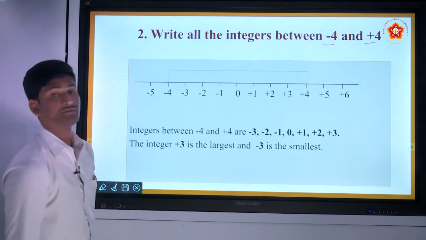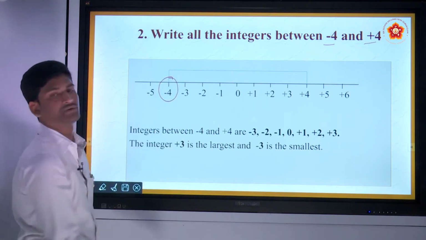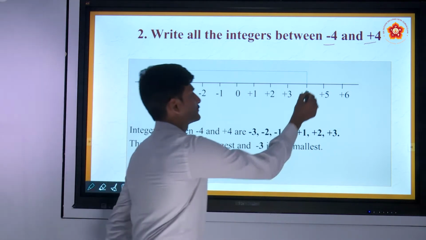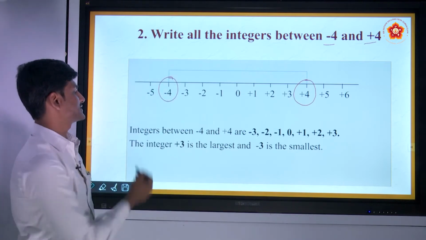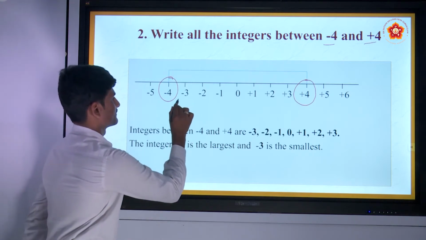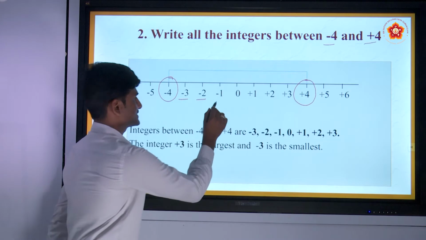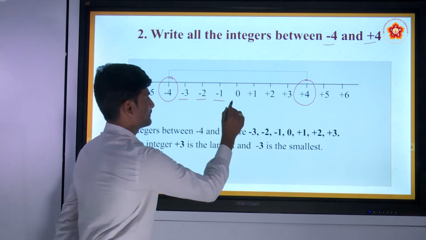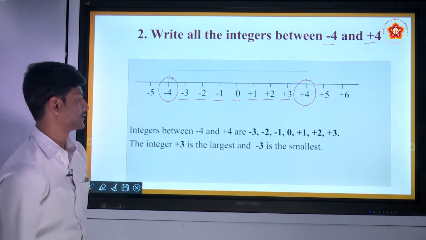The integers between -4 and +4 are -3, -2, -1, 0, +1, +2, +3, right?